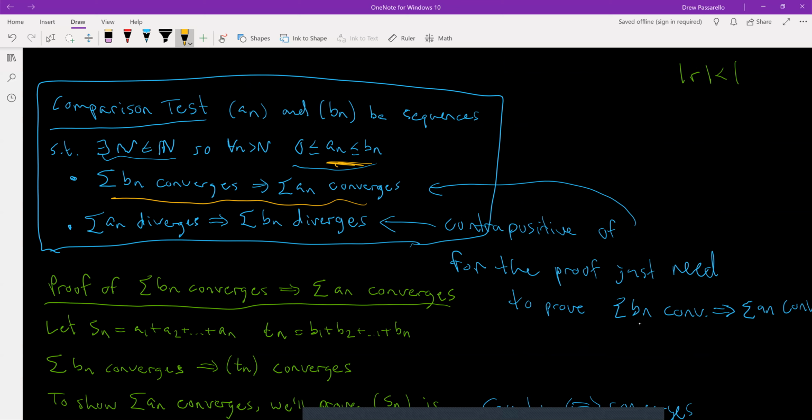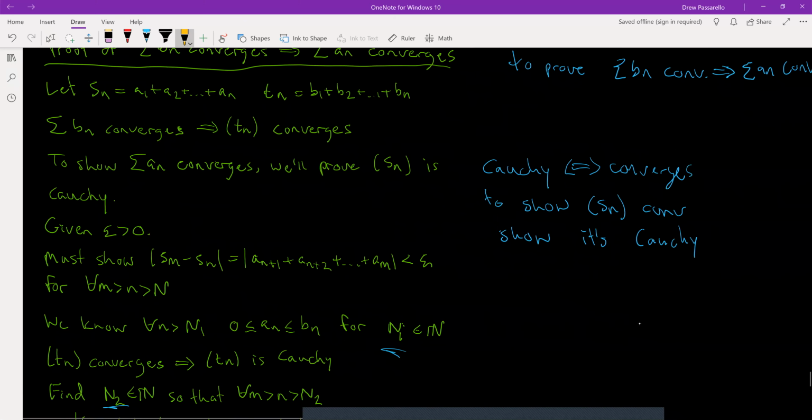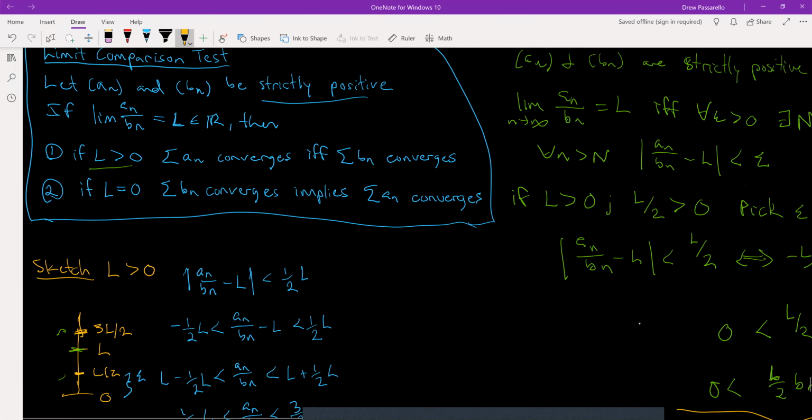As long as the sequence, in this case bn, has terms that are bigger than or equal to the sequence an from a certain cutoff value, then if the series bn converges, that implies the series an converges. Okay, so that's what we'll show.